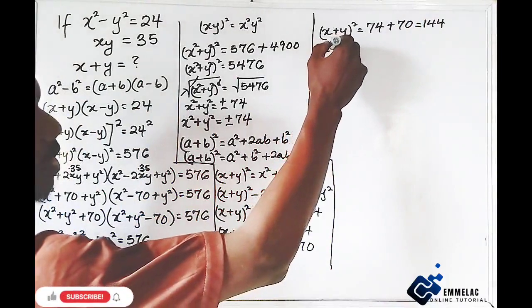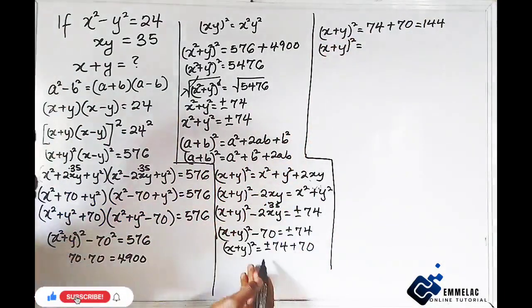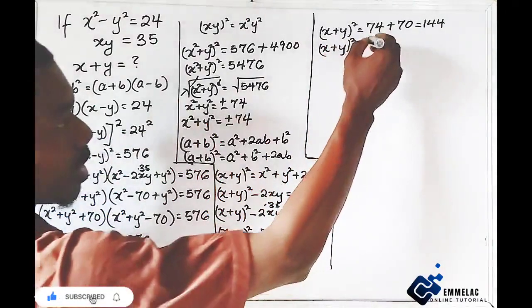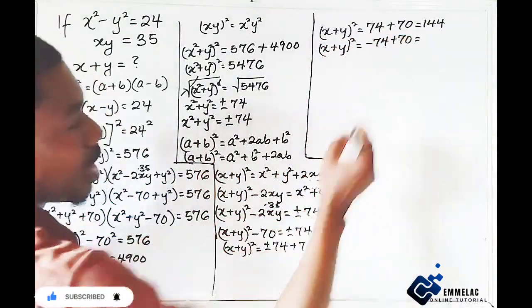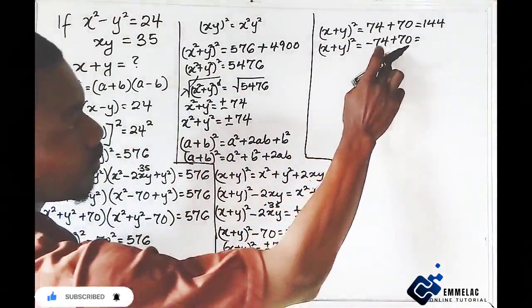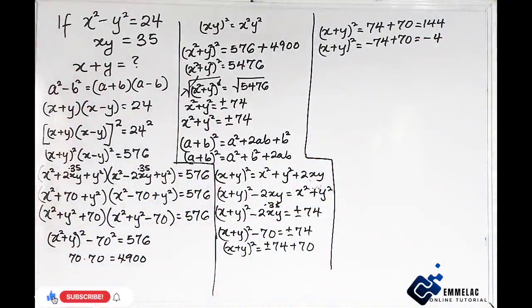Or we have (x+y)^2, using the second sign, I mean minus 74 plus 70, this one should give you minus 4. Now these are the two expressions gotten from the above question.